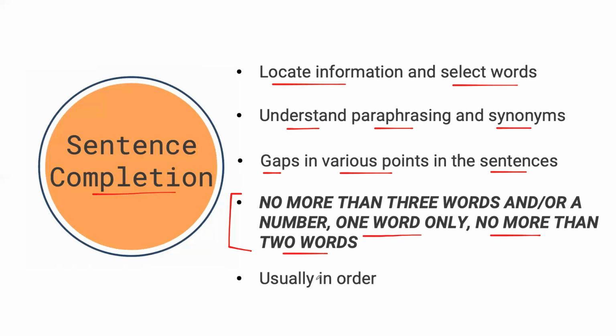And lastly, keep in mind that with this sentence completion question type, the answers usually come in order. Now, I wouldn't be lazy, I wouldn't just focus on this, but when you're reading your passage, know that you are more than likely to find your answers coming in the same order. This is great because if you find a difficult question, you could skip it and move on.